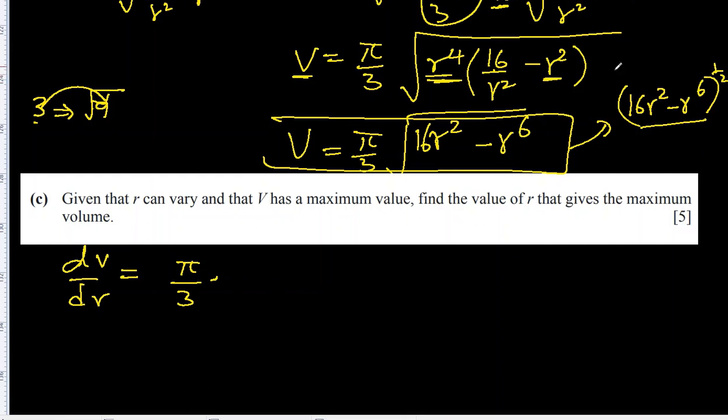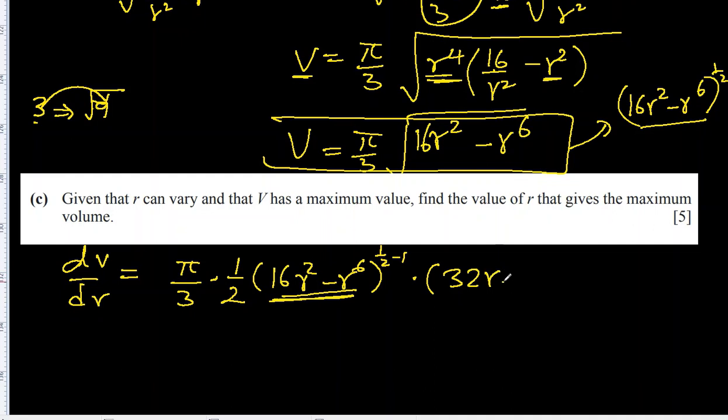This square root can be written as power half, and this is what we will differentiate. This is power of a function, so this half comes in front and becomes the coefficient first. Then the contents do not change, but their exponent goes down by 1, which is half minus 1. And further, we multiply it by the differentiation of the contents, 16r squared minus r to the power 6, which will be 32r minus 6r to the power 5.